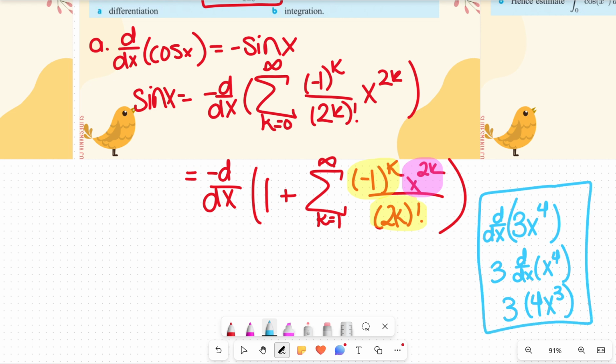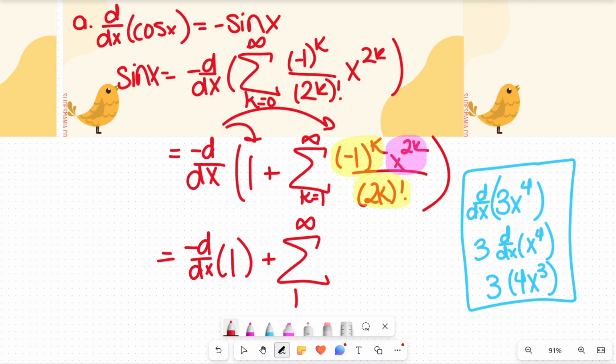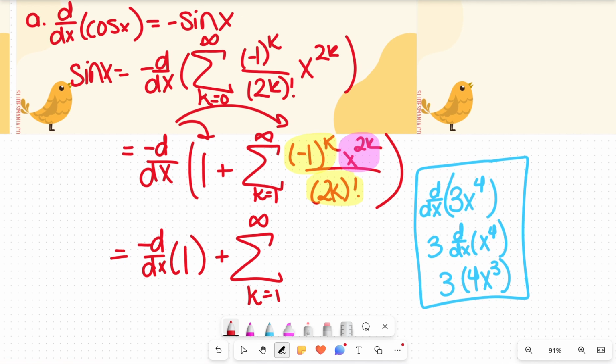So just keep in mind that that's what we're doing here. When we're working with this summation, we're only going to be finding the derivative of that x component. So I'm going to separate this a little bit and distribute my derivative component. I'm going to find the derivative of 1, and then I'm going to add on the derivative of just that x component.